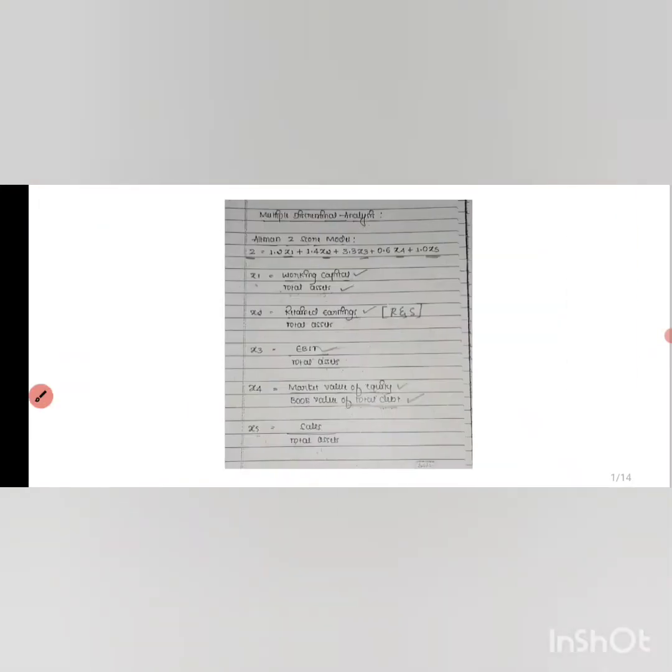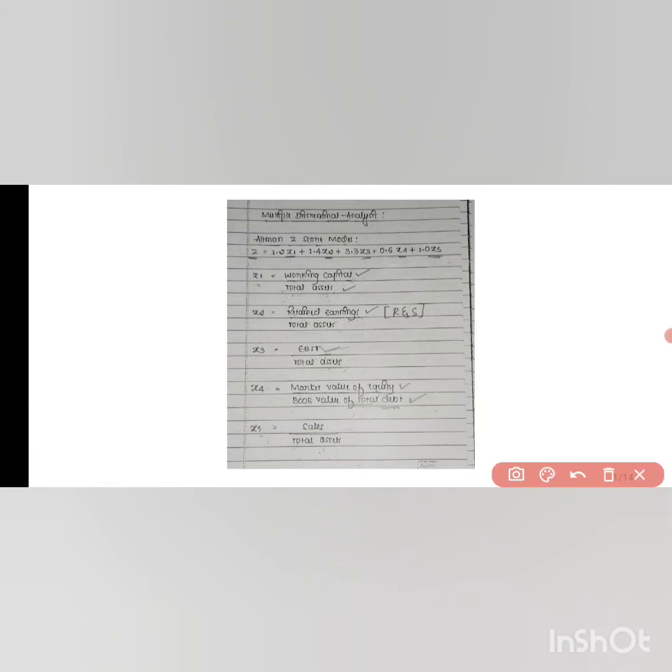moving on to the second thing, that is retained earnings. We have just discussed working capital, how to calculate it, and total assets. Now I have moved on to tell you how to calculate the retained earnings.